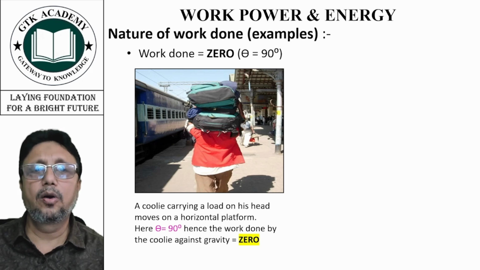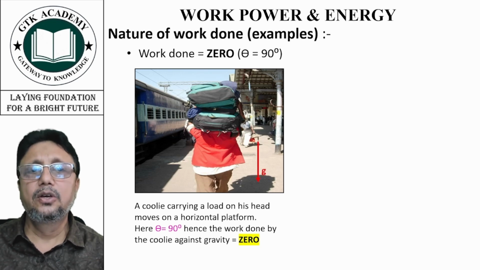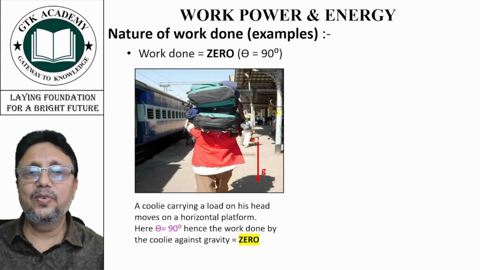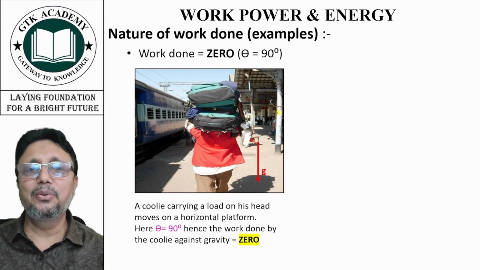This porter is moving on a horizontal platform. Force is acting in the downward direction. So the angle between the force and displacement is 90 degrees. However, if you tell a porter that you have not done any work and I am not going to pay you, there will be a big fight, because he is not doing work against gravity, but definitely there is work against friction, which we'll discuss later.